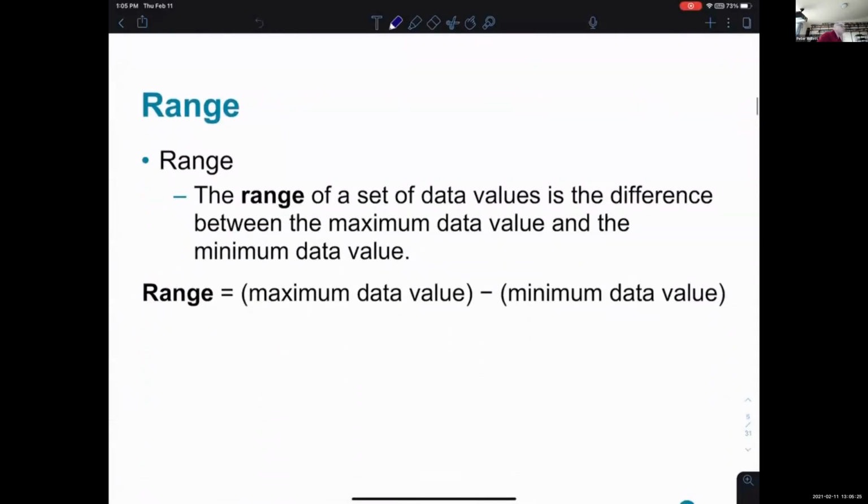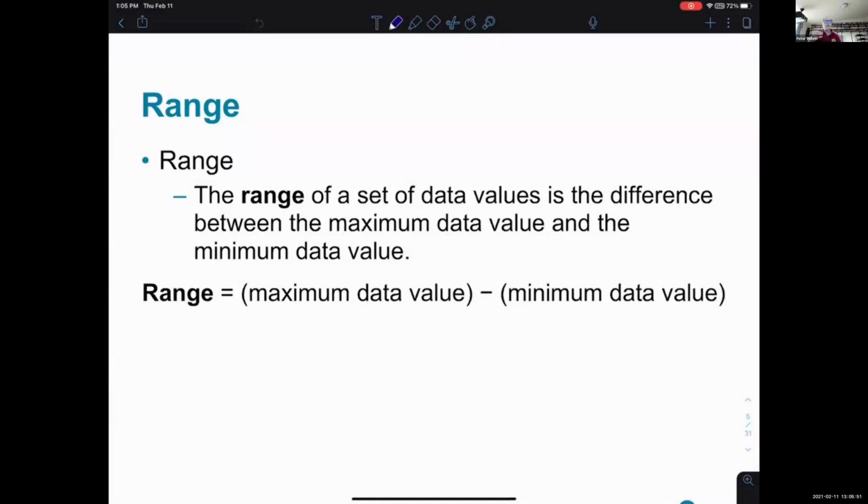Okay, now they're going to start defining measures of variation. And the first one they define is the first one that I was discussing with my little example, the range. The range of a set of data values is the difference between the max and the min, the maximum value and the minimum value. All right, so to make a difference and to have a max and a min, just to be clear, the data has to be numerical.